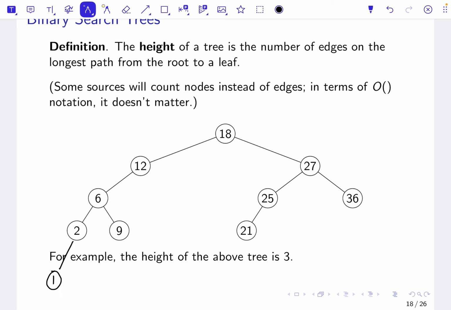Remember that a typical implementation of an insert method would involve some sort of loop, like while the applicable child is not null, follow that path until you get a failed search and put the node there. So the condition under which insert will take the longest time is if you're inserting a node at the very bottom, like this.